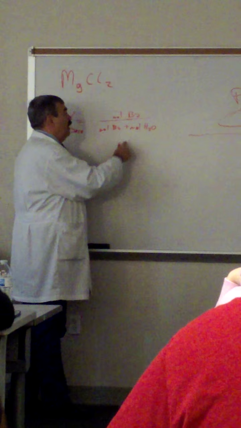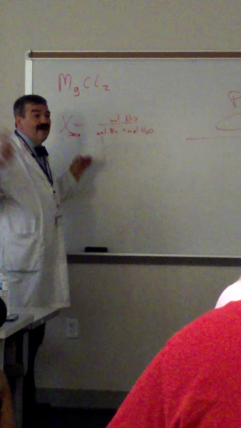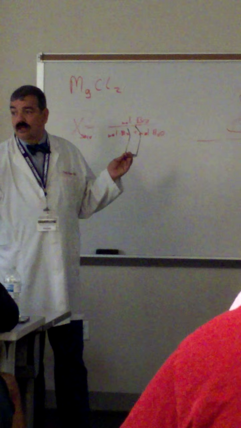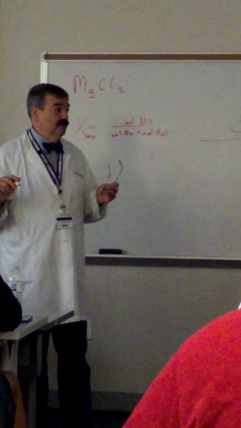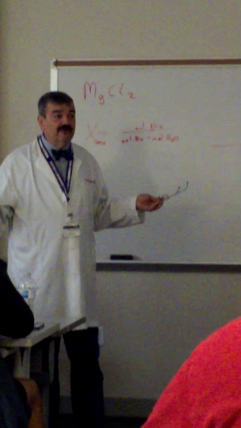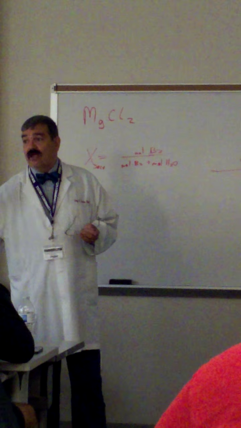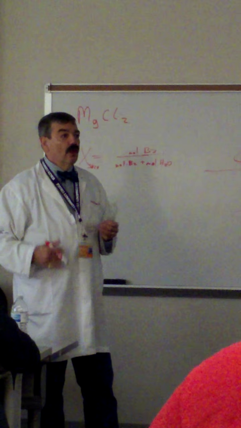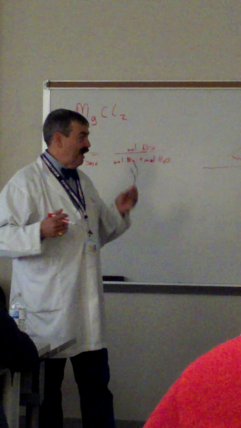This number plus this and this is going to give you a large number. It's got to be a number less than 1, but it's going to be close to 1. If you get a number greater than 1, you're wrong. If you get a number that's 0.2, 0.3, 0.4, you're wrong. Questions? We're good. Okay.